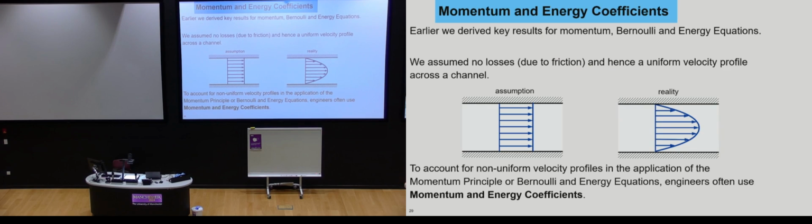Okay, so the last thing I just want to cover is how we account for momentum and energy in our equations. When we considered Bernoulli in the pipe, we actually assumed we had a uniform velocity. The reality is that we have fully developed flow, and the way that we take this into account is with momentum and energy coefficients.